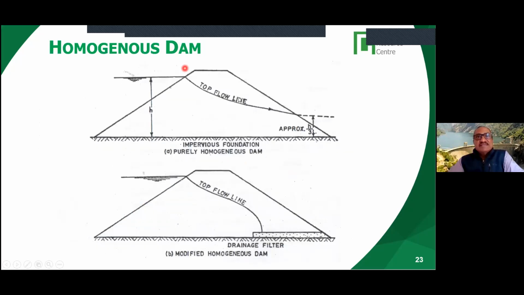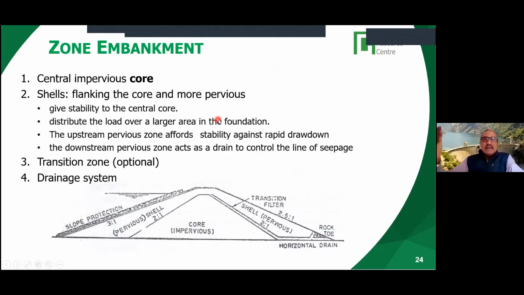The line of seepage is this seepage line, which is what you call the hydrostatic line. This is the water pressure line, and then sometimes you have a transition filter, which is basically an optional thing.